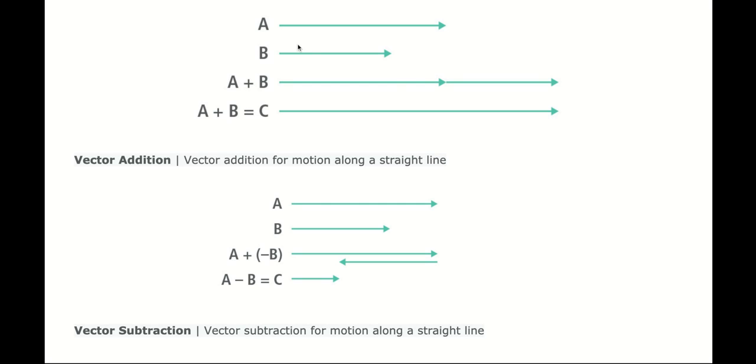In these examples, and we'll go over a few more, we have the magnitude of this arrow A going in one direction and the magnitude of this arrow B going in the same direction. Because they're going in the same direction, we can add both of these, A and B, together to give us resultant C. Don't worry, we'll add some numbers here in just a minute.